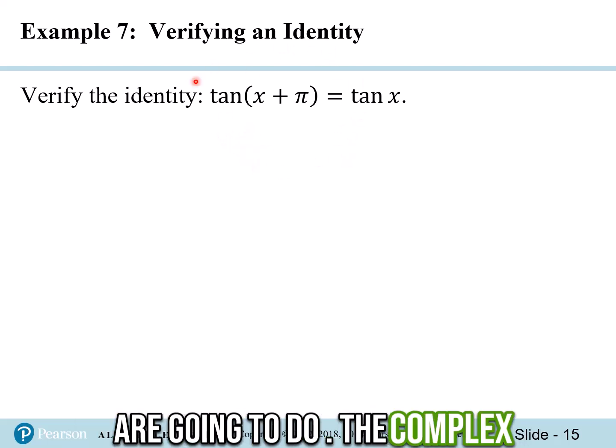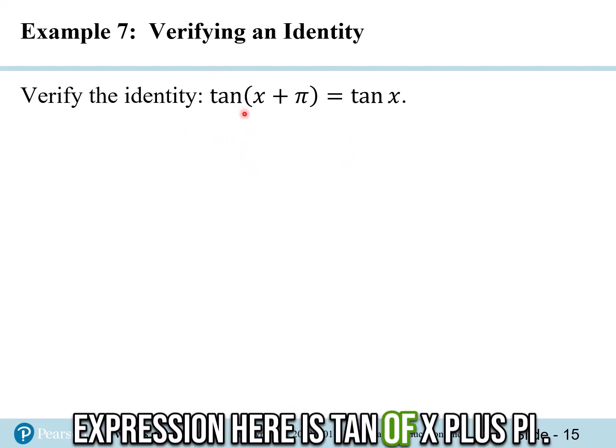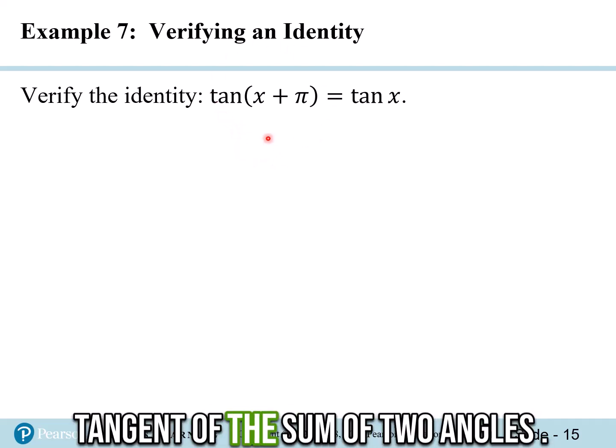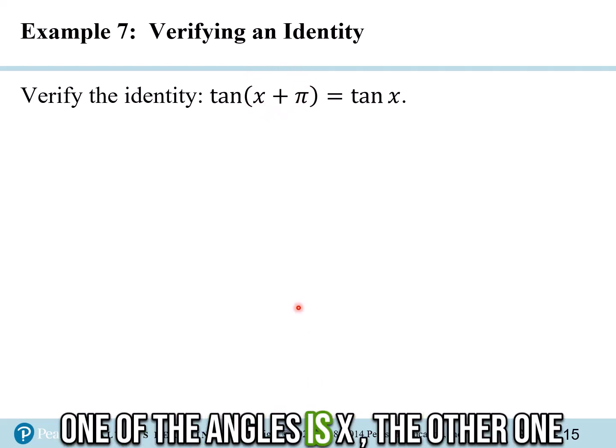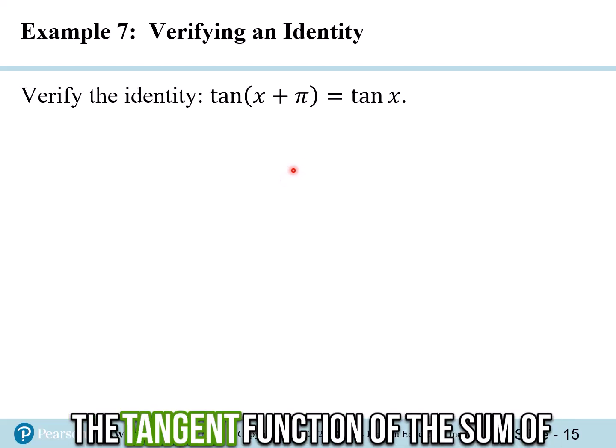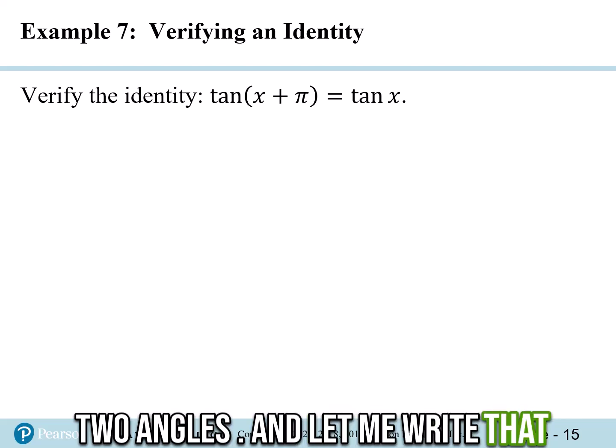The complex expression here is tan of x plus pi. Also, we know that this is the tangent of the sum of two angles. One of the angles is x, the other one is pi. So we can use the formula for the tangent function of the sum of two angles. And let me write that down.